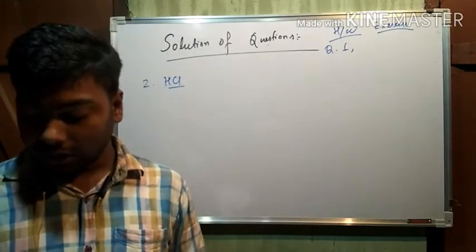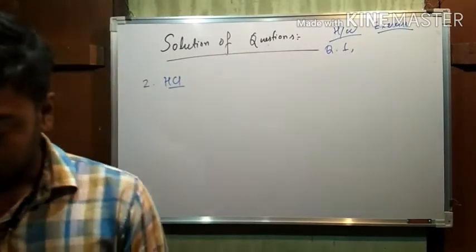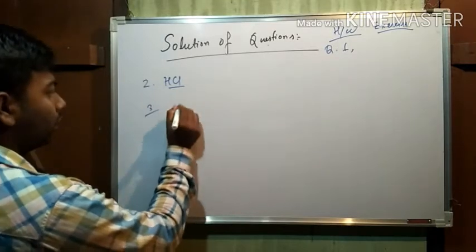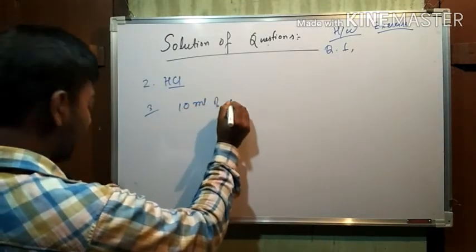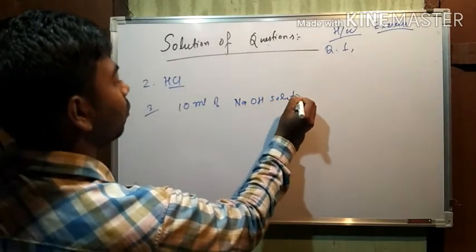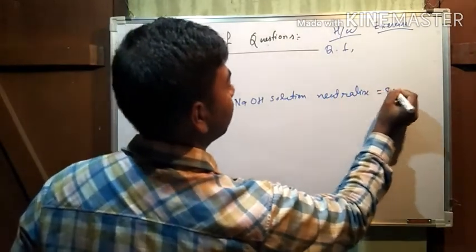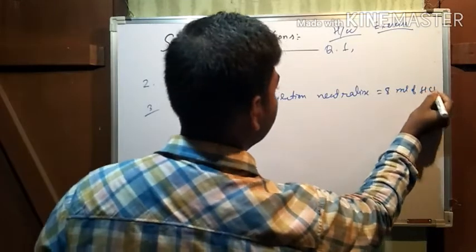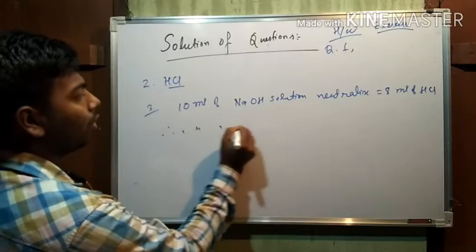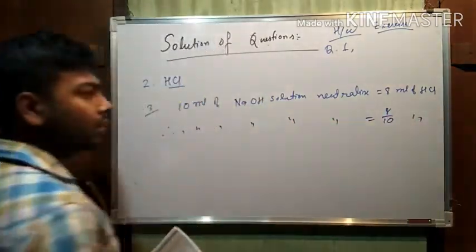Now see the solution. It is given in number 3 that 10 ml of sodium hydroxide solution neutralizes 8 ml of HCl solution. Then 1 ml of sodium hydroxide solution neutralizes 8 by 10 ml of HCl.